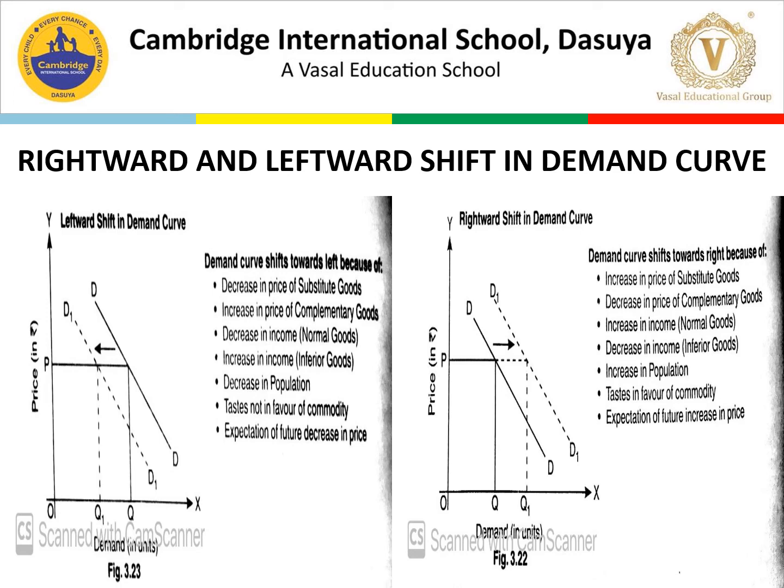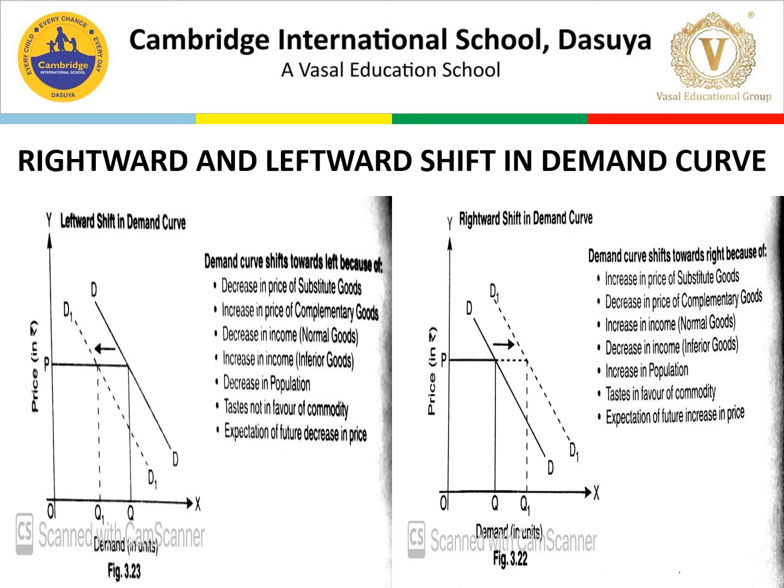The demand curve shifts towards the left because of: a decrease in price of substitute goods, an increase in price of complementary goods, a decrease in income for normal goods, an increase in income for inferior goods, a decrease in population, tastes not in favor of the commodity, and expectation of a future decrease in price. We have to keep this in mind when thinking of a leftward shift in the demand curve.